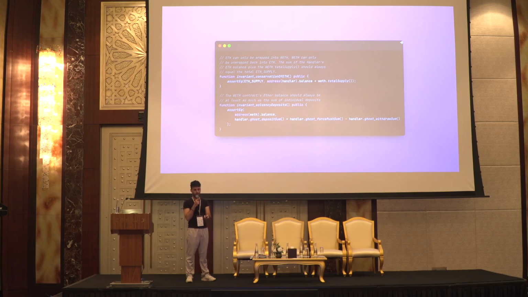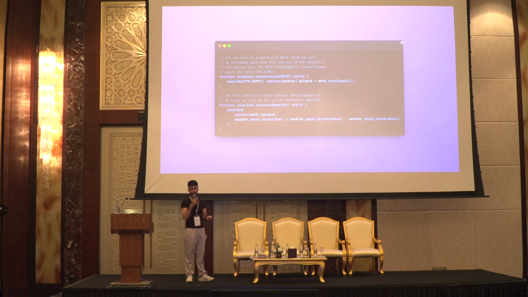And there is another one using what I've been talking about, the ghost variables. In that case, we are checking that the balance of ETH is the sum of what was deposited by the users minus what was withdrawn by the users.